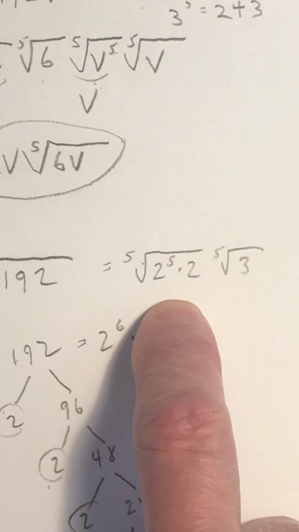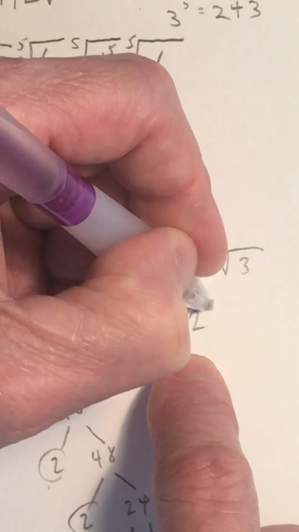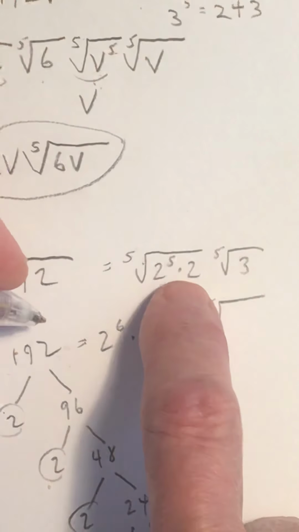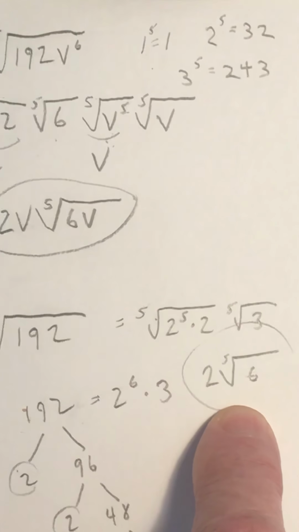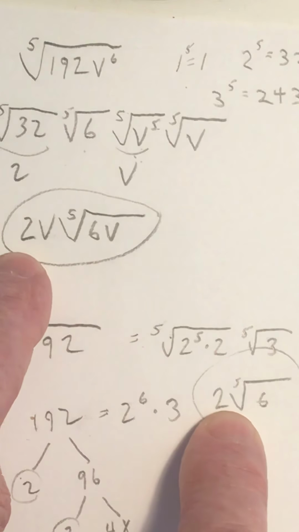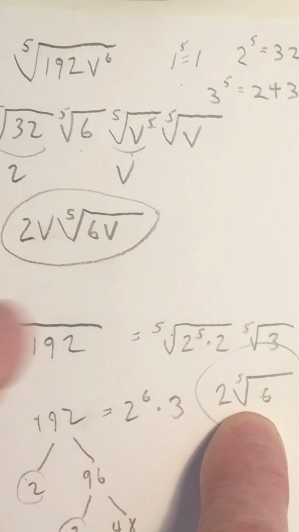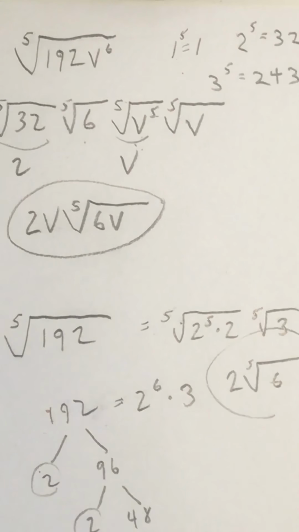Okay, and this 2 to the fifth becomes just a plain old 2, and we still have under the radical 2 times 3. So there's the numerical part of the result explained a different way. Okay, hopefully one of those is useful and comfortable for you.